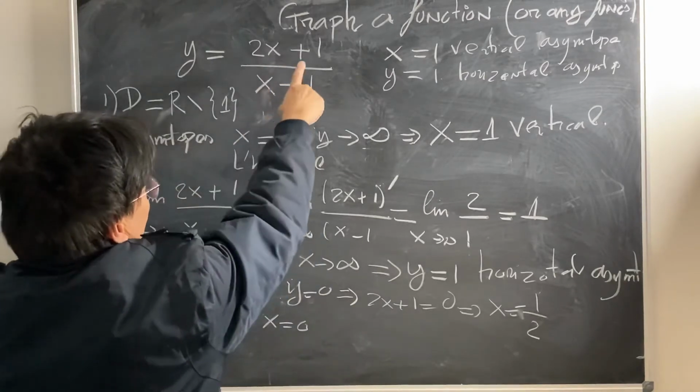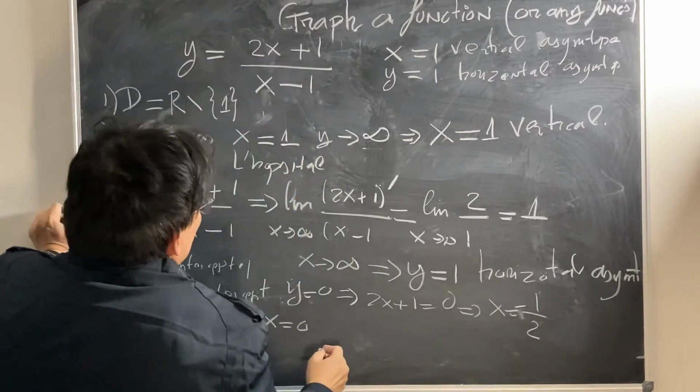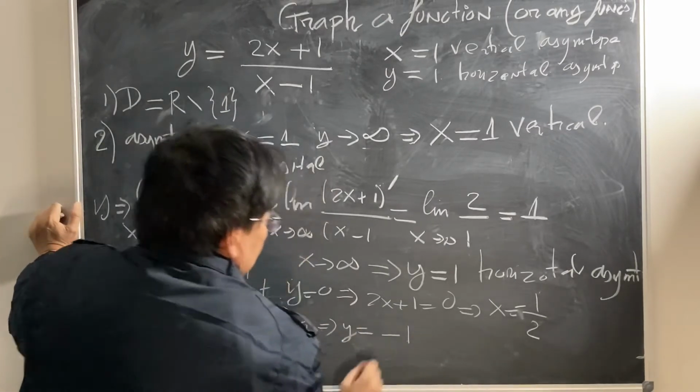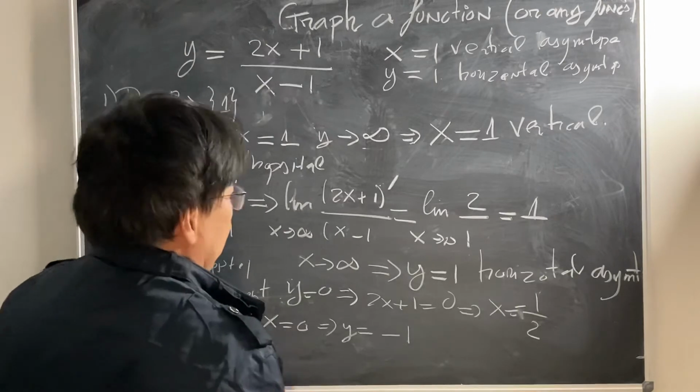You have 1 divided by minus 1, and y equals negative 1. That is the y-intercept.